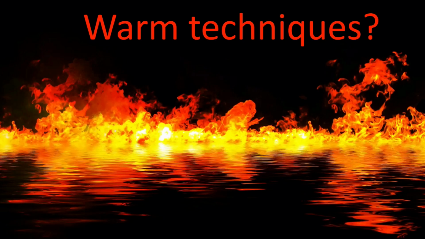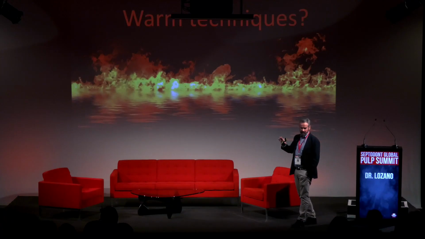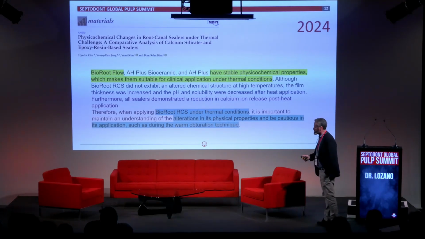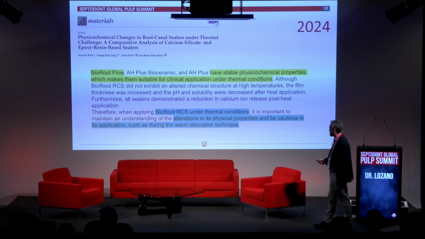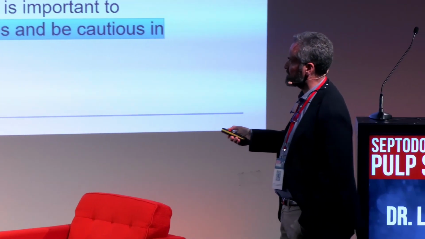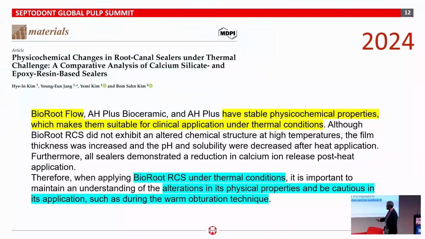And what about the warm techniques? This material is intended to be used with cold techniques, not warm techniques. It's different from the BioRoot root canal sealer. There is an article published last year comparing different sealers under thermal conditions, and they concluded that BioRoot Flow has stable chemical properties, which makes it suitable for clinical application under thermal conditions.